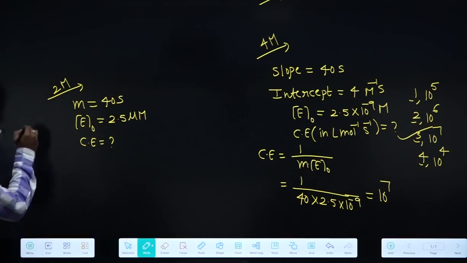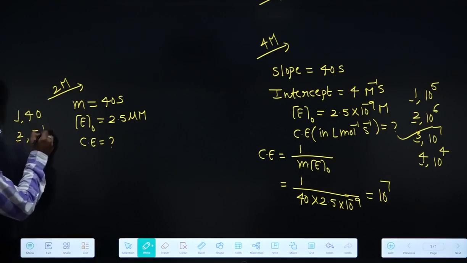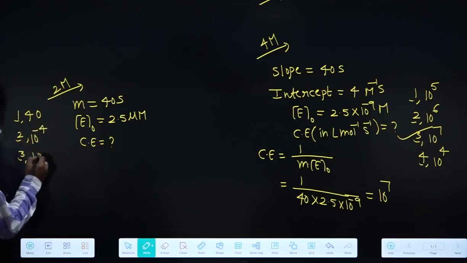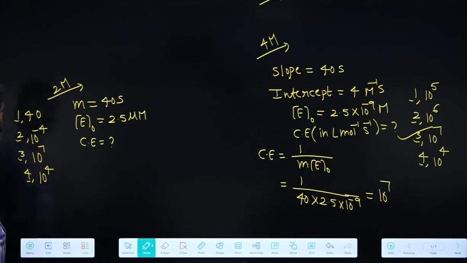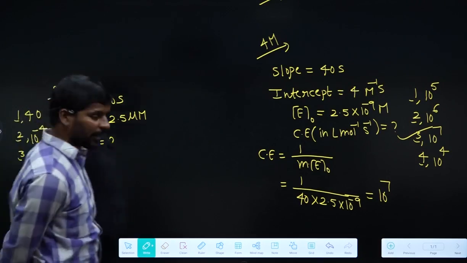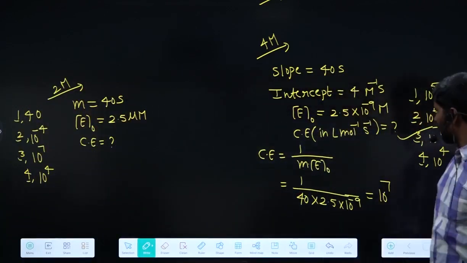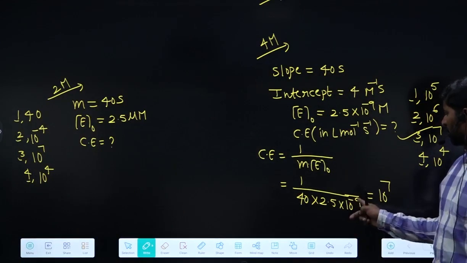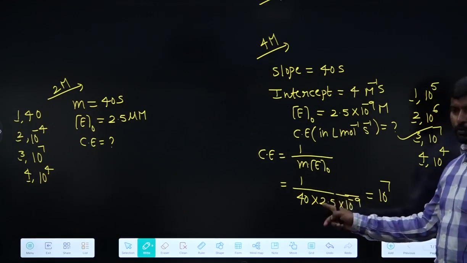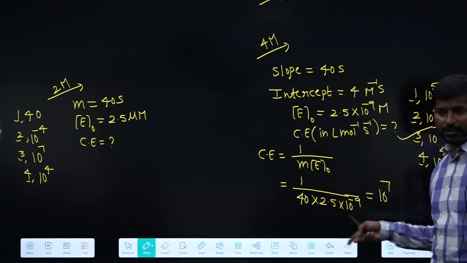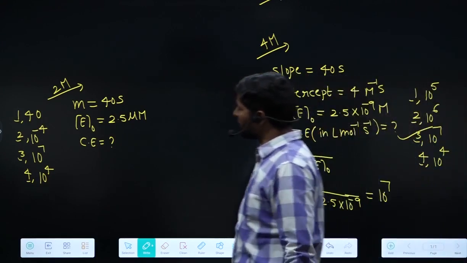And options given: 40, 10 power minus 4, 10 power 7, 10 power 4. Almost similar type of data. In the place of nanomolar, it is given micromolar. So 10 power minus 6 into 10 power 2, so 10 power minus 4 we will get, if you bring to numerator, 10 power plus 4. Option 4.